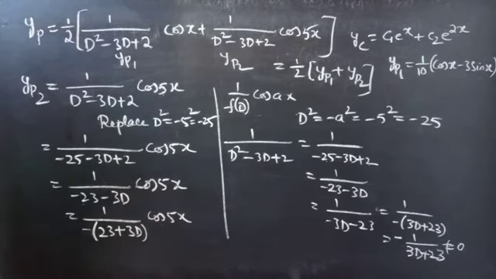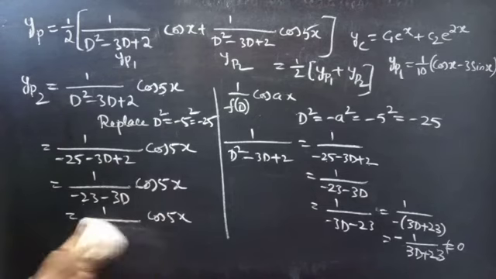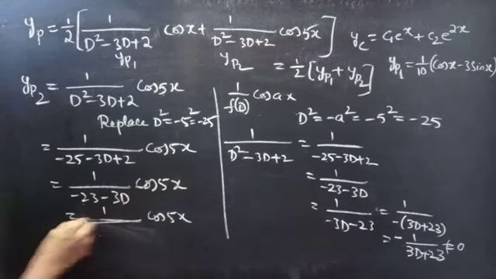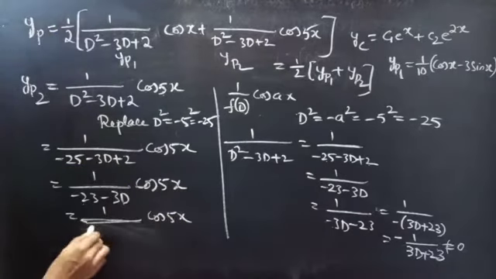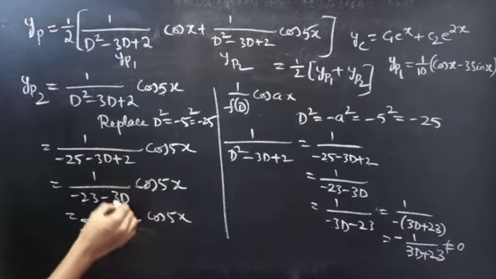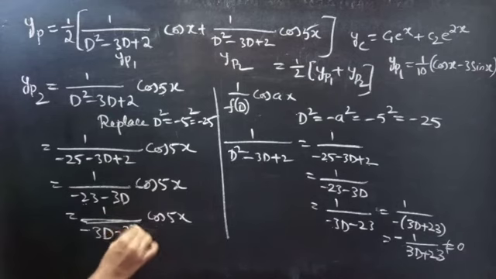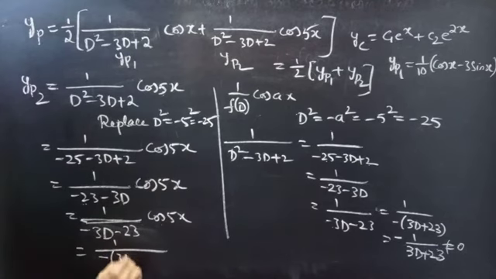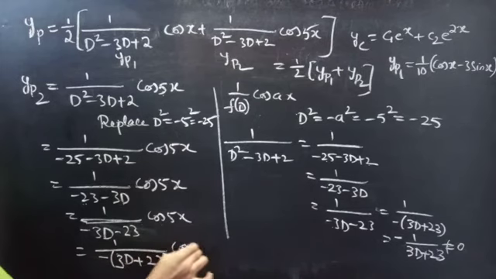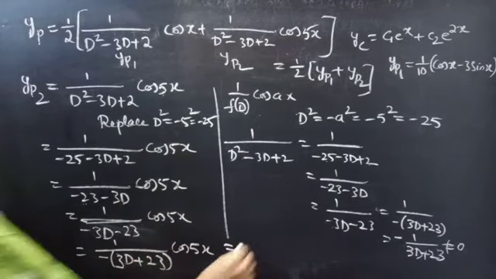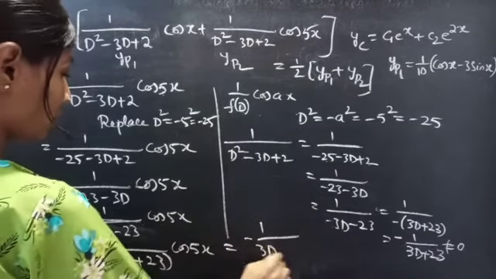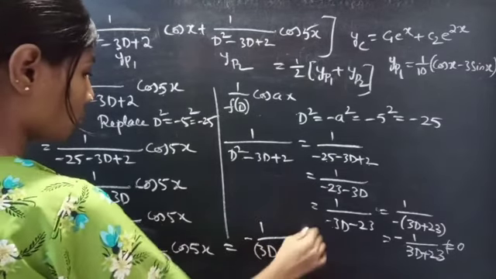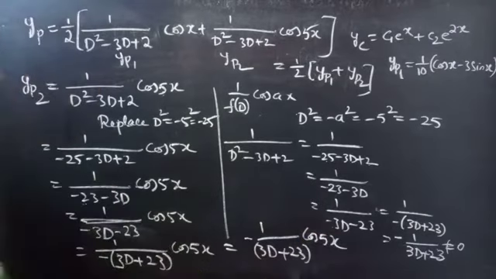Or we can just write these terms as, here we wrote minus 3d minus 23, right? You can write term involving d first and minus 23, which is equals to 1 by, now take minus common, you'll get minus of 3d plus 23 into cos 5x, which is equals to minus 1 by 3d plus 23 into cos 5x, right?